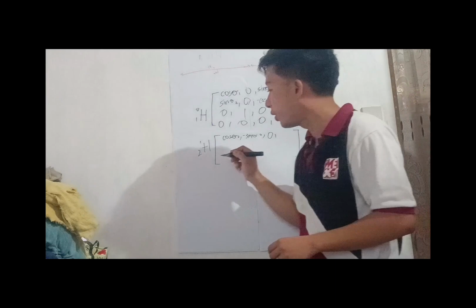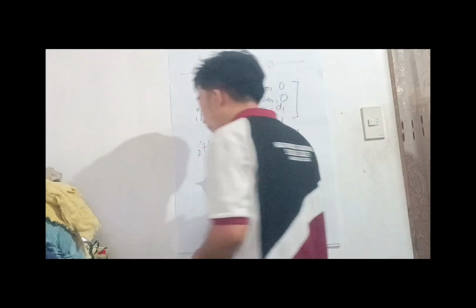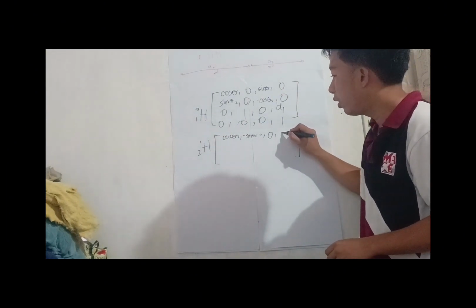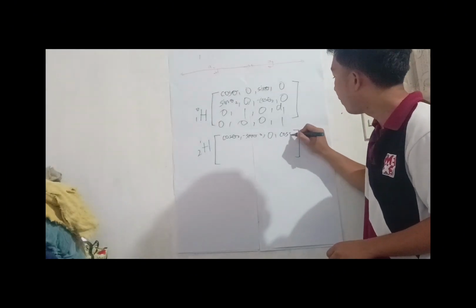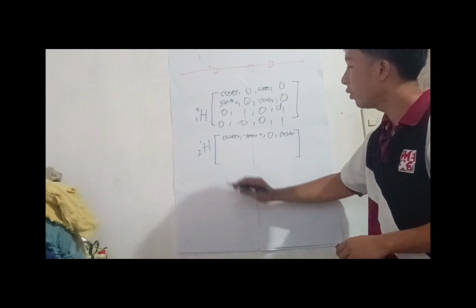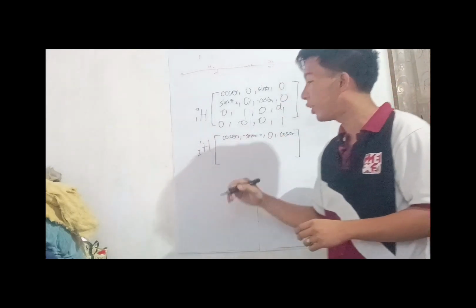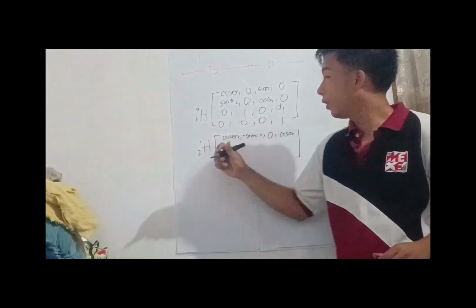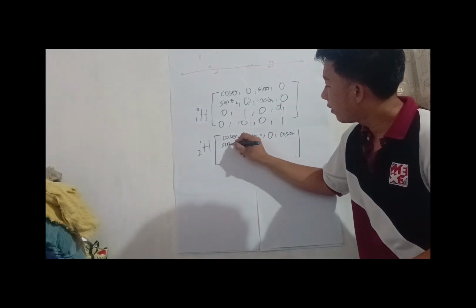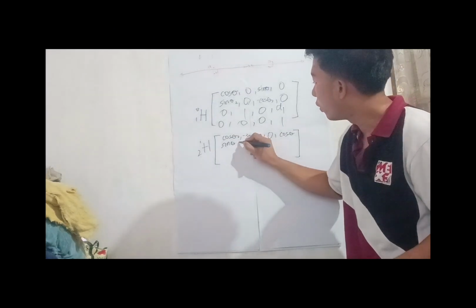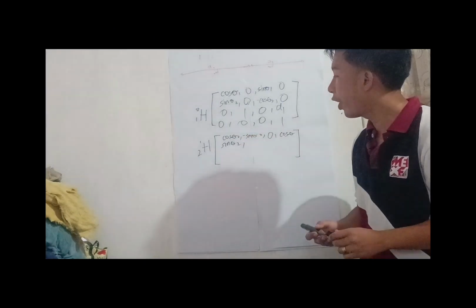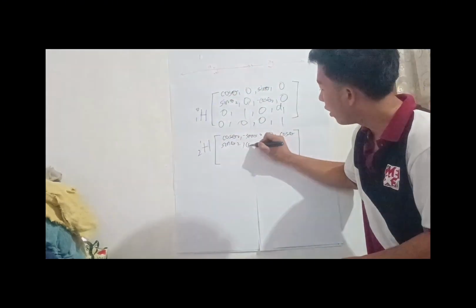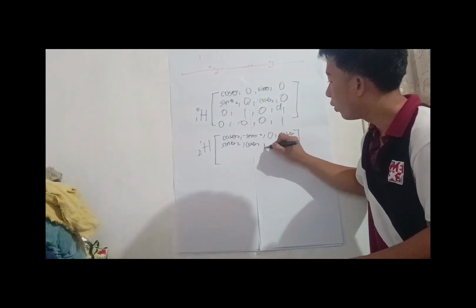And the next is cosine theta. So, the second column: sin theta represents the second angle, so this is sin theta 2. And the first is cosine theta 2.